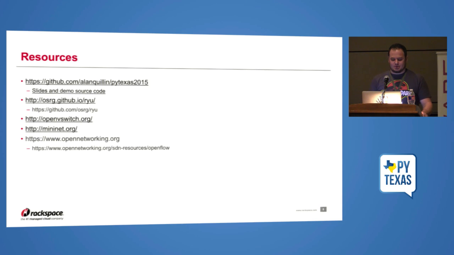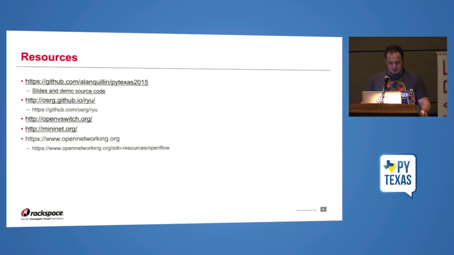These are some of the web pages to find out more information. Ryu: the easiest thing to do when you're working with Ryu is get the source. I know you can pip install it, but working from source helps find out a lot of the stuff that's not documented. Ryu's great, but their documentation is not very verbose.